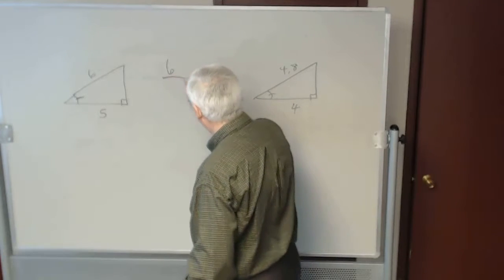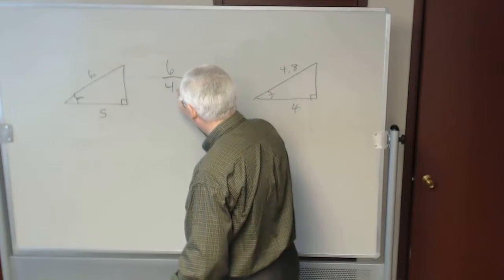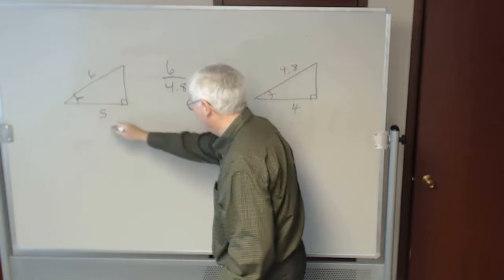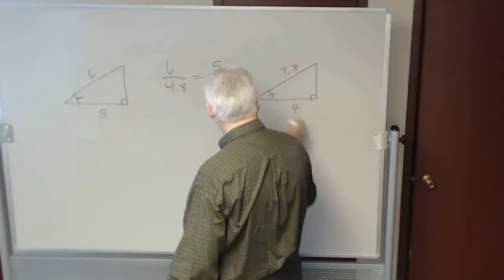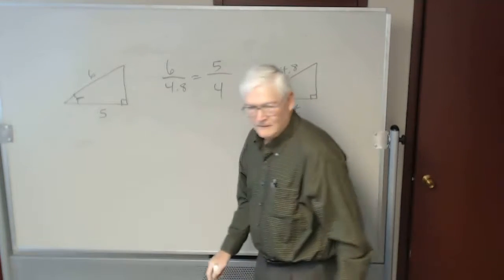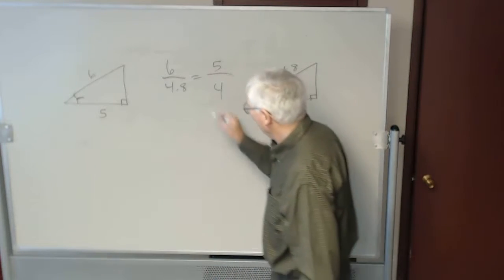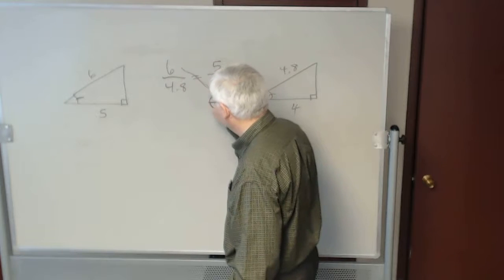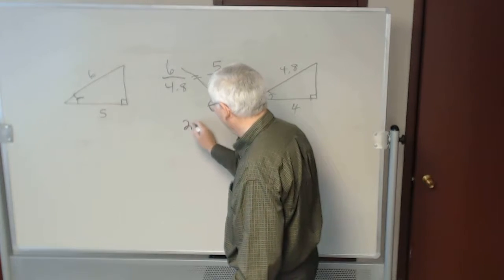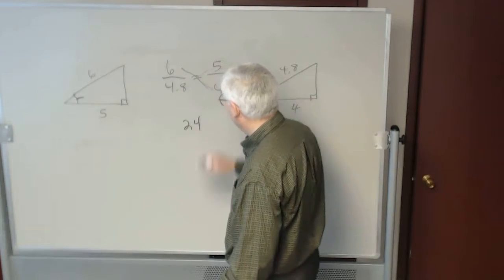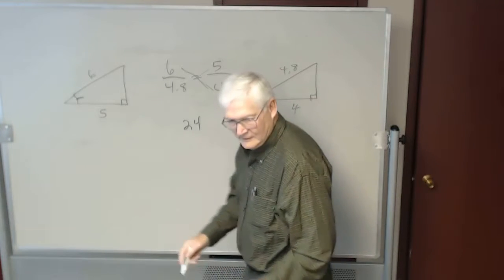6 over 4.8 equals 5 over 4. Is that true? What's 4 times 6? 24. What's 5 times 4.8?